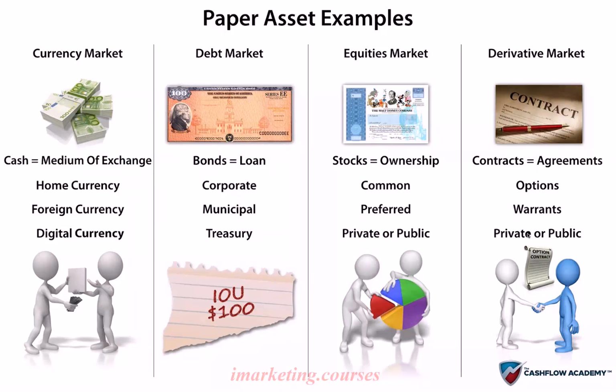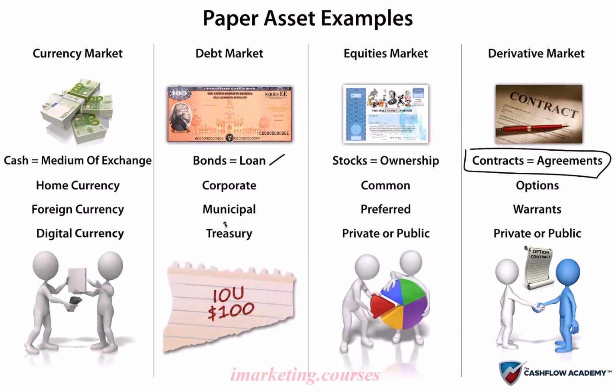And then we have finally the derivative market, which is a growing market, and this mostly has to do with contracts and agreements where people are paying each other to make certain promises and do certain things. There's many types of bonds.